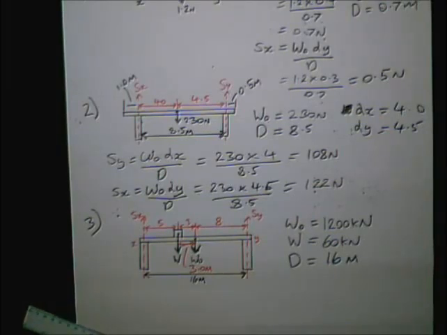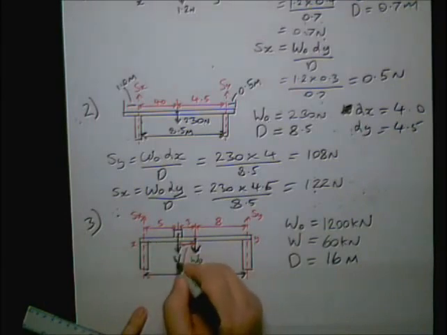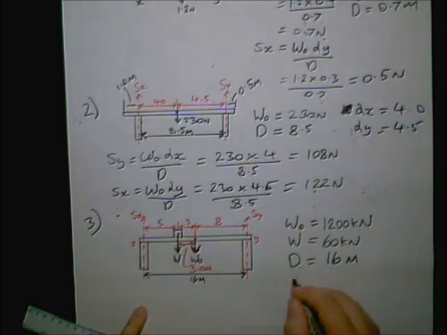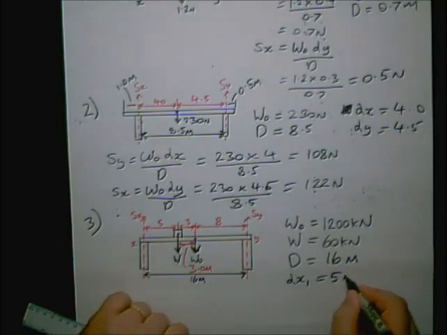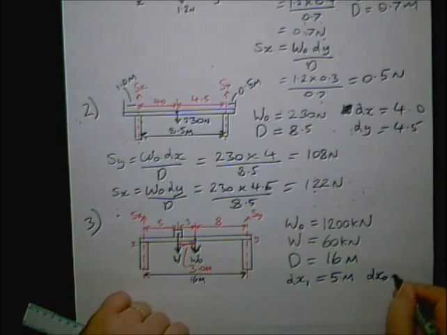Okay, now we'll call the distance to the weight 1 and the distance to the mass 0. So we're going to have dx1, which is the distance to the weight, which will be 5 meters, and we're going to have dx0, which is the distance to the centre of mass, which is going to be 8 meters.